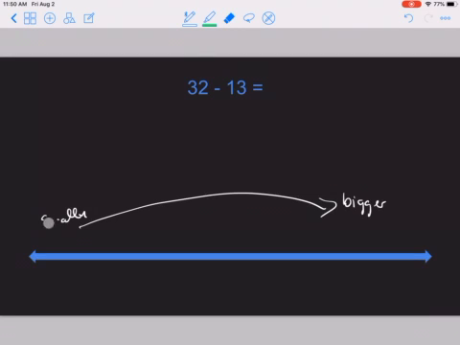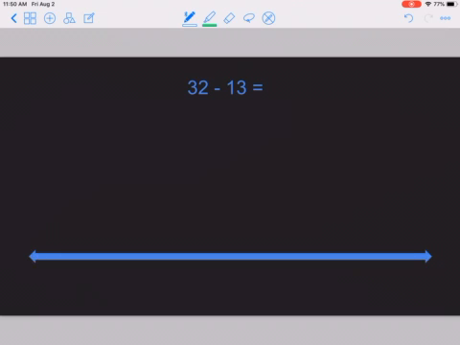Well, with subtraction, remember our part-whole, we're taking a bigger number and we're going to take away one of its parts. So with subtraction, we're going to start over here and then move this way, because our difference is going to be a smaller number than what we started with.